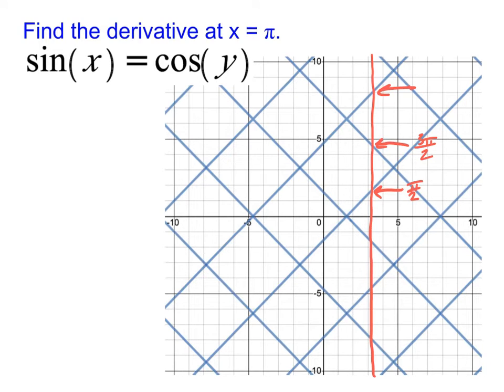Now, for an extra little bit of adventure here, I would suggest that if you want to push yourself a little bit further, remember we found that y prime equals negative cosine of x over sine of y.